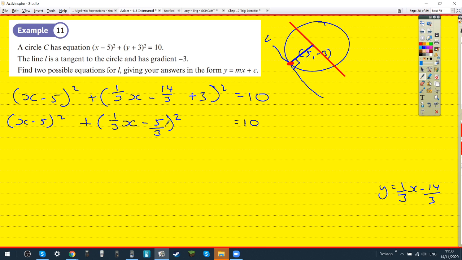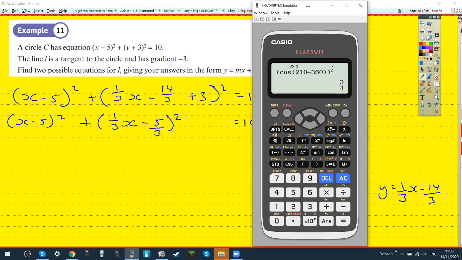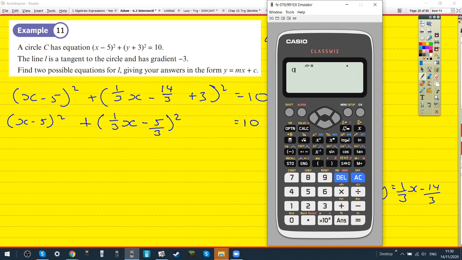Yeah. I'm going to cheat. I'm going to put this whole thing in the calculator. Valid form of cheating. X minus 5 squared. You can try the same thing.